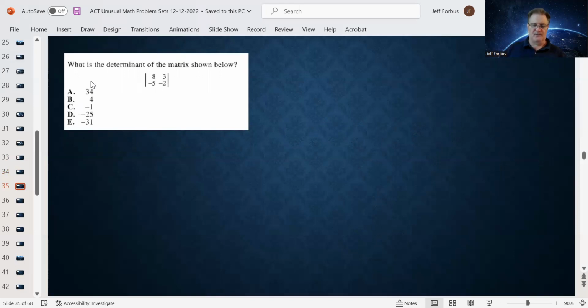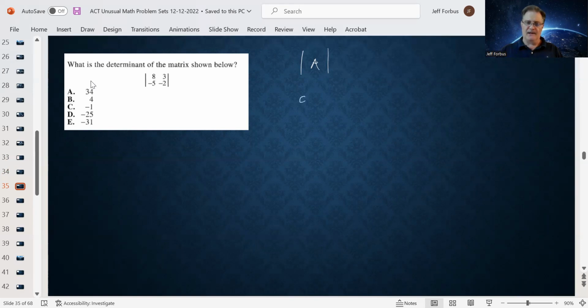Okay. Not too many people talk about the determinant. I'm just going to have to give you the formula for determining the determinant of a matrix. So the mathematical symbol, if they ever give it to you, looks like the absolute value of A. Here's how we determine the determinant.